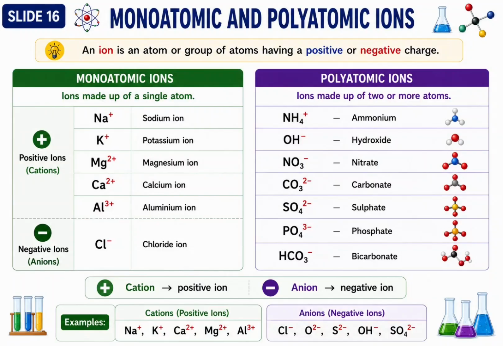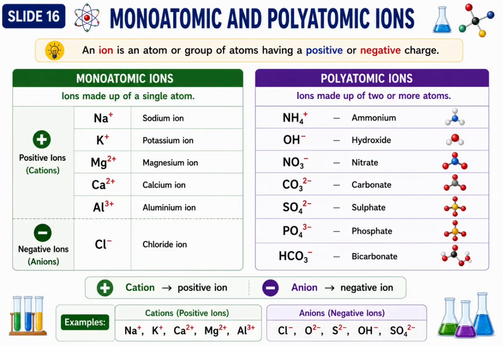But sometimes several atoms stay together as one charged group. These are called polyatomic ions. For example, OH-, NO3-, SO4 2-, NH4+, etc. Think of it like a team.